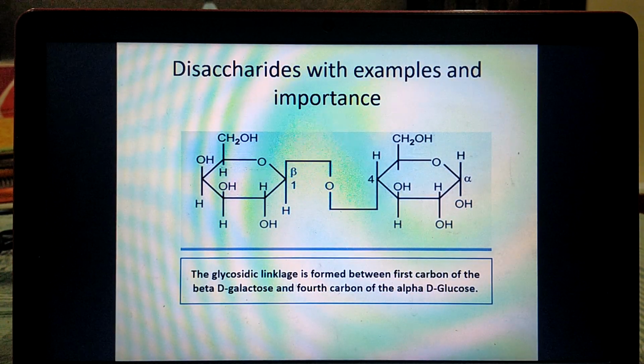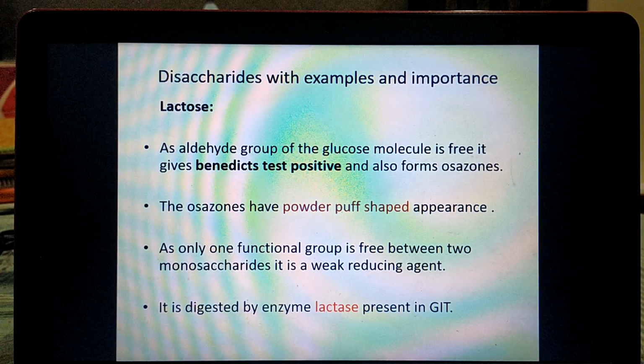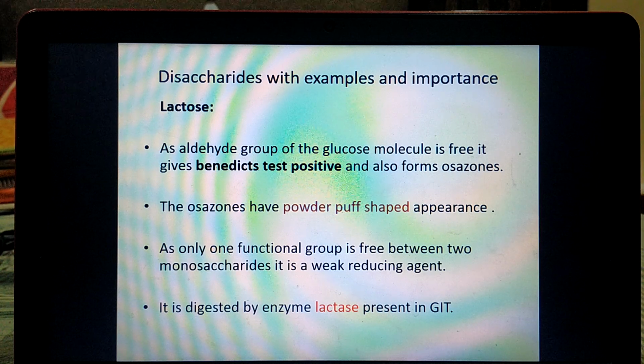This is the diagrammatic representation of the Pyranose formula of lactose. As I have told you, in lactose one aldehyde group of glucose is free, therefore it gives a positive Benedict test, and lactose is a reducing sugar. In the small intestine, this lactose is digested by an enzyme called lactase.